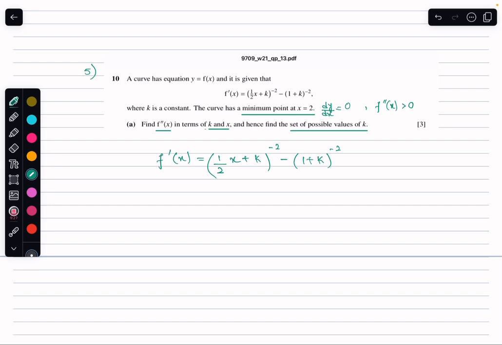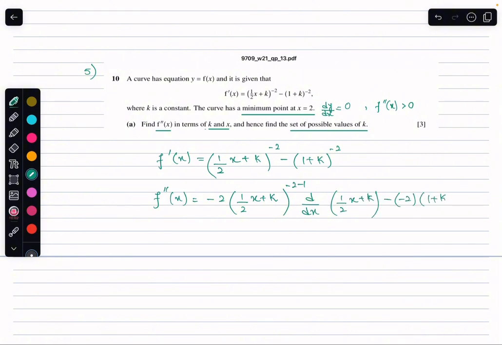To find the second derivative, f''(x), it should be -2 times (1/2 x + k)^(-3), and then the differential of 1/2 x + k.